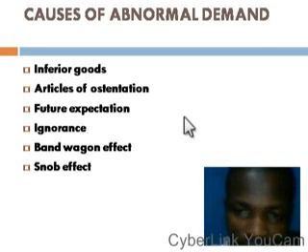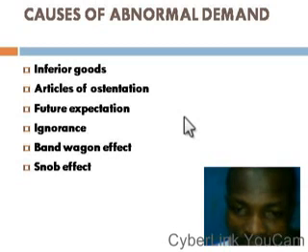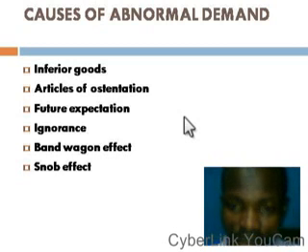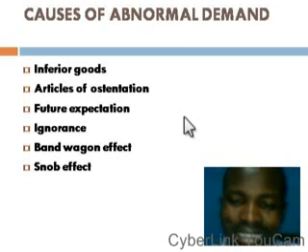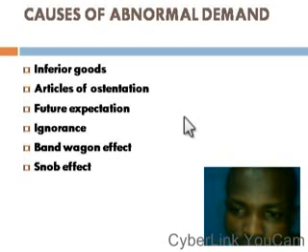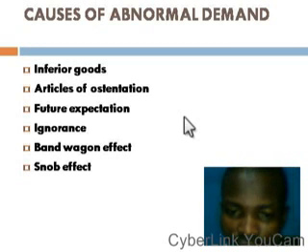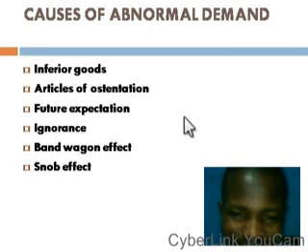So as a rational consumer, instead of buying the units you have been buying initially or even buying less, you are going to buy more, so that you don't need to buy at a higher price in the nearest future. So that is future expectation. If there is a rumor that there is going to be a future increase in the price of a given commodity, the demand for that commodity will be high now, even with an initial increase in the price.